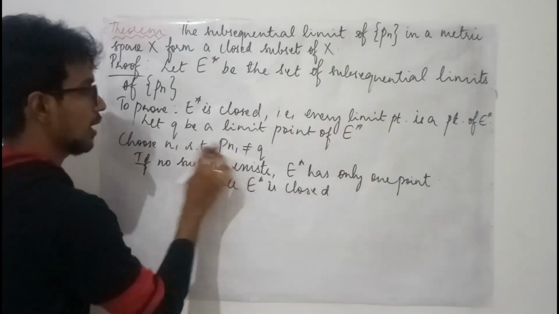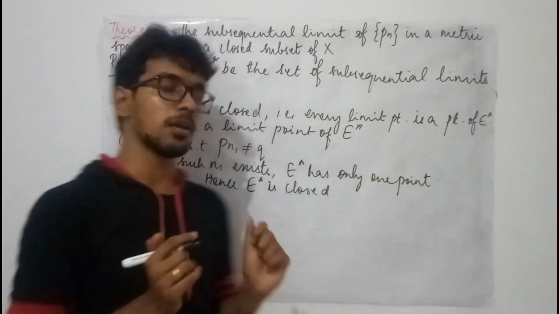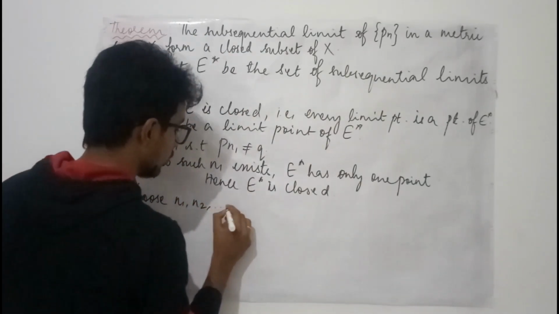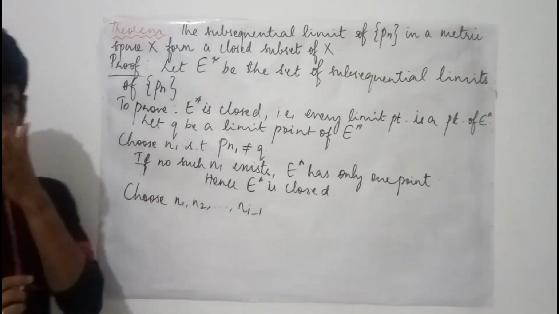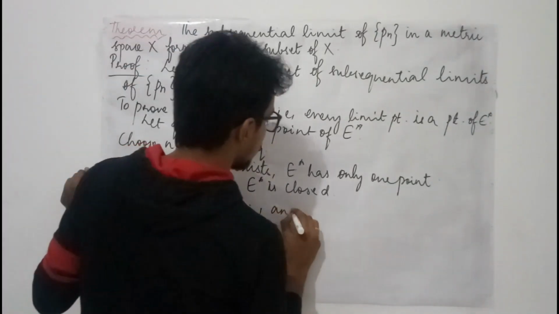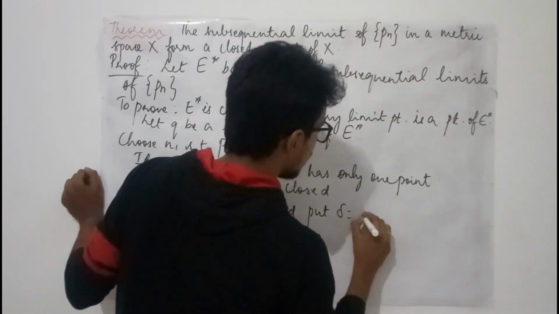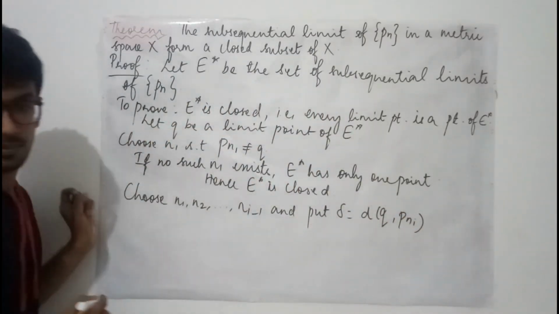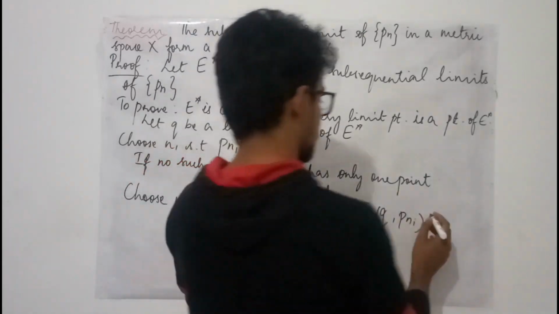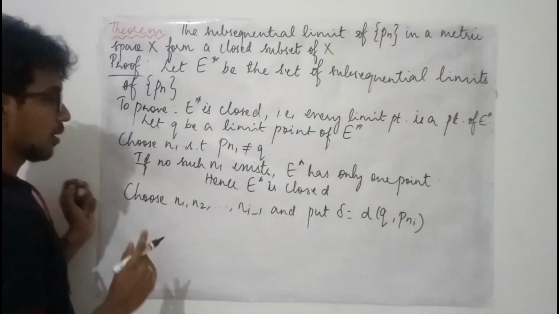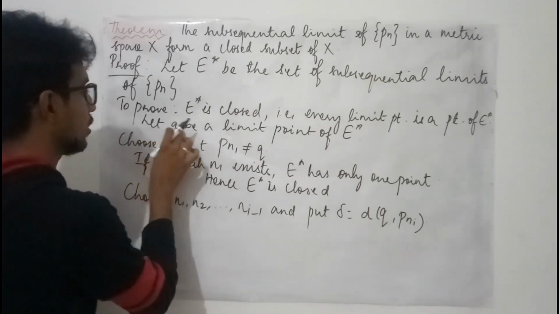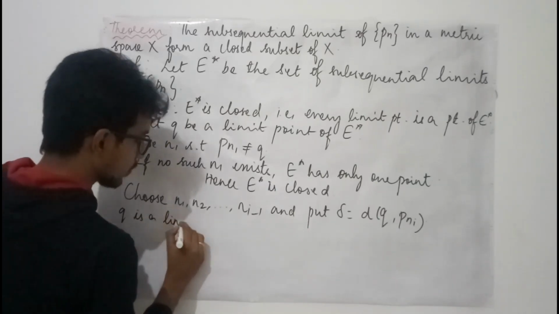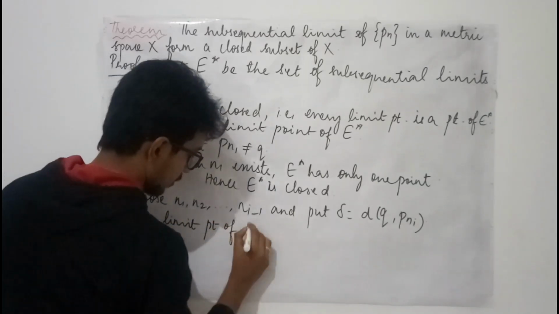Now, when we have this, our construction can proceed. Next, we are going to choose n1, n2, till n(i minus 1), and we are going to take delta to be the distance of Q comma Pni. And what is the assumption that we have taken? Q is a limit point of E star.